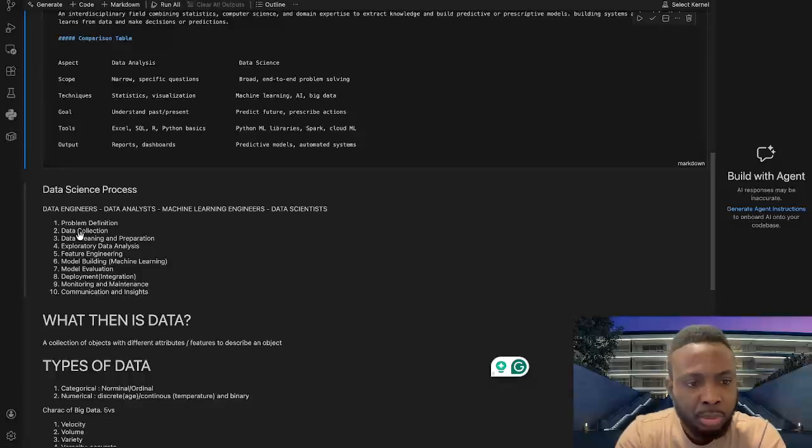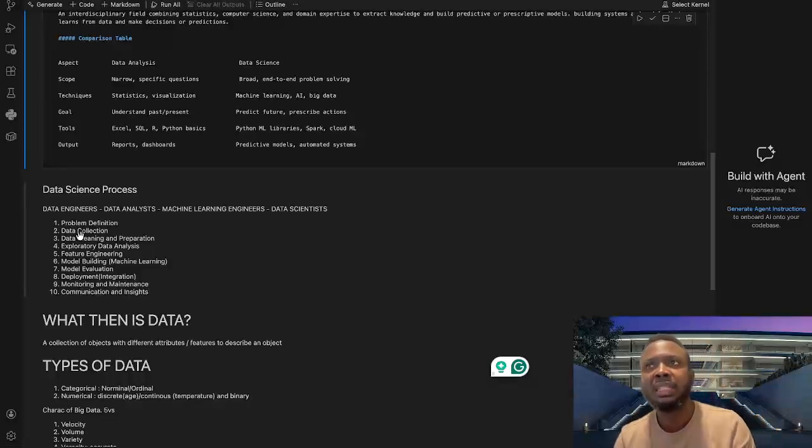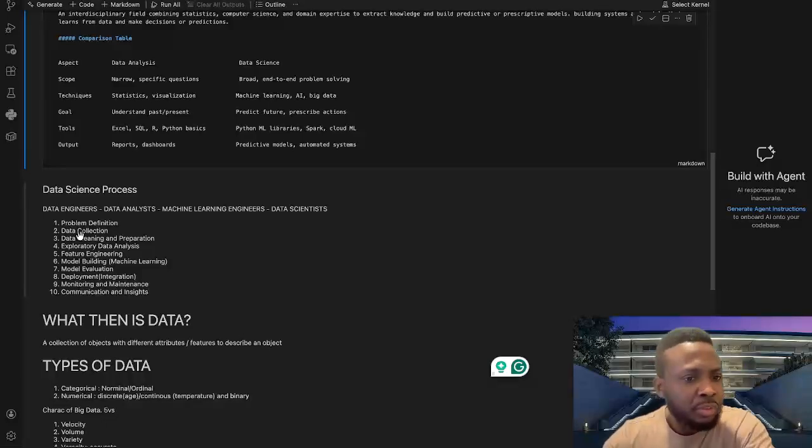Then what do you do? You start collecting data. The data the company or the hotel has, you start gathering it, doing a lot of cleaning and inspecting. Maybe it is not enough, so you have to depend on external repositories and then try to compare. So it involves a very huge process.